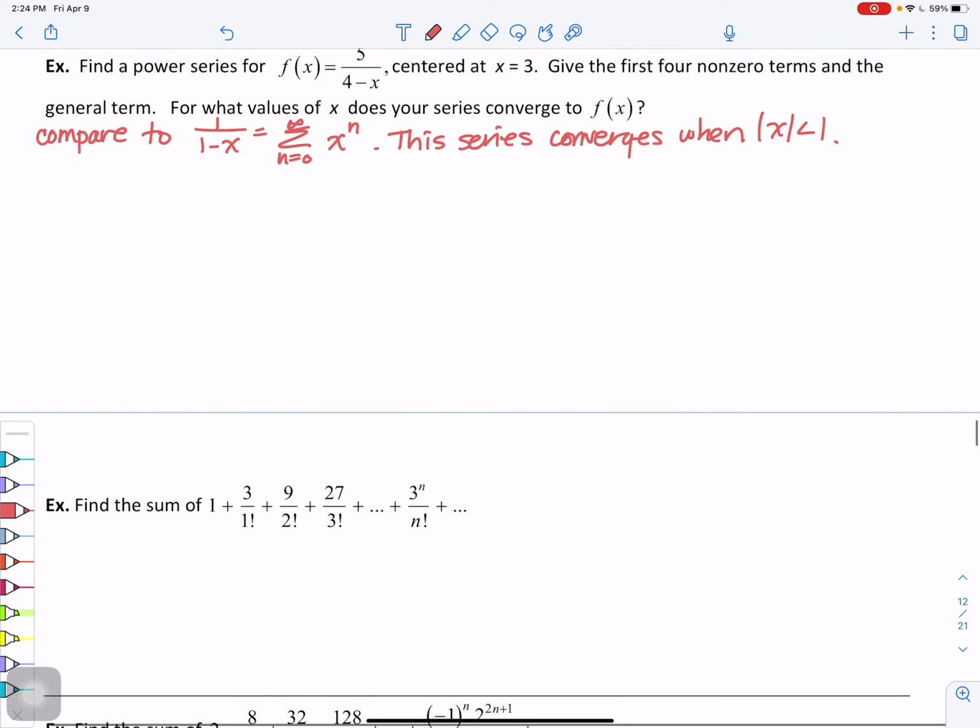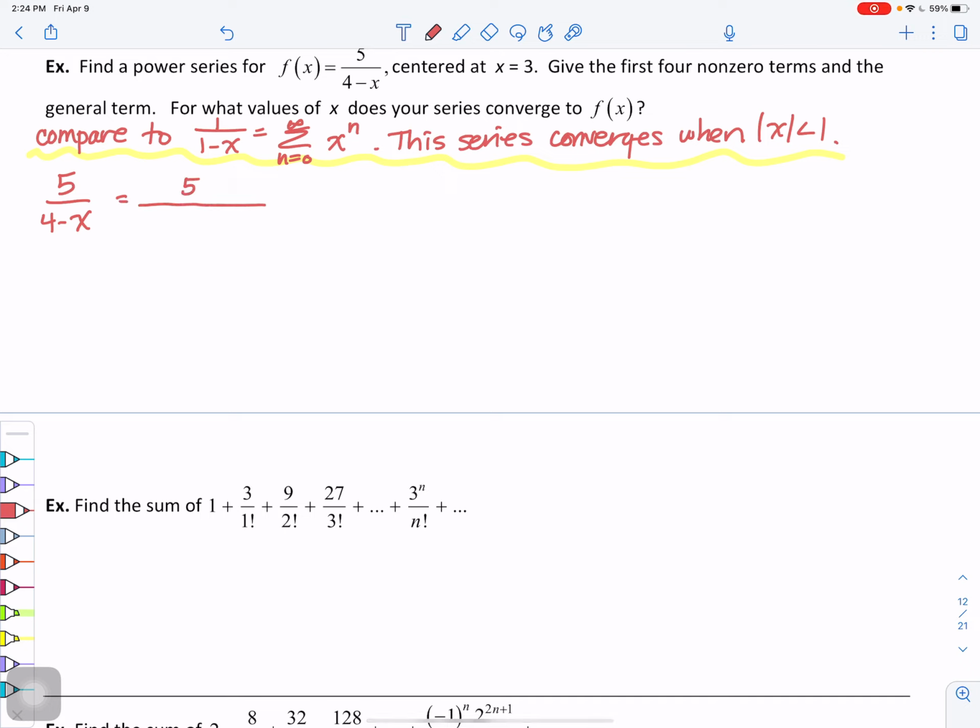Okay, let's do it. So we have 5 over 4 minus x. Let me just put this little zigzag like I did last time. This is equal to, so we're going to start manipulating, 5 divided by 4 minus x minus 3 minus 3.